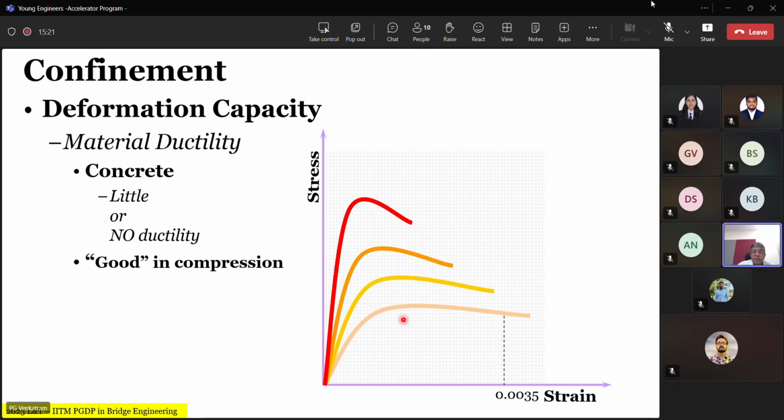Yield strain is the point at which the so-called linear stress-strain behavior is lost and it goes into the non-linear zone. So in the case of concrete, we theoretically look at this point as the strain at yield, and we look at this as the strain at failure.